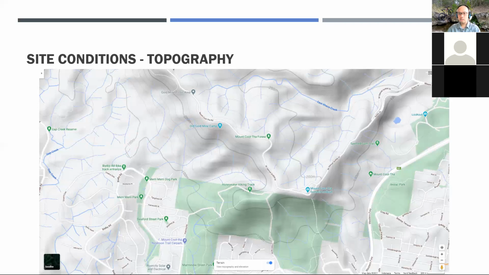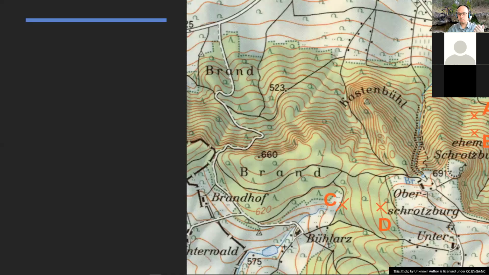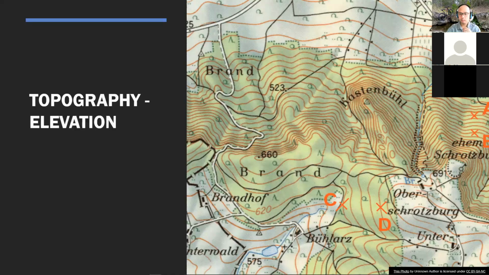So variations in elevation, slope, and aspect. Let's have a look at elevation first. Changes in elevation affect both drainage patterns and visibility to and from the site.